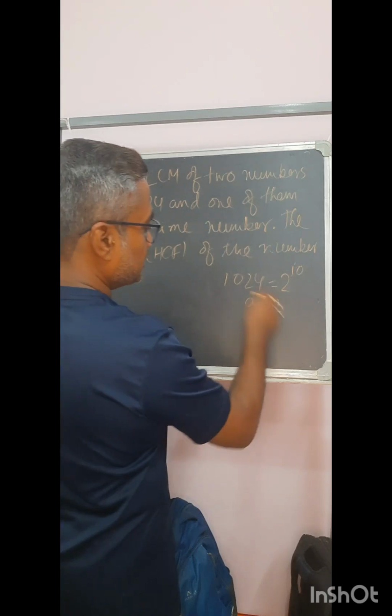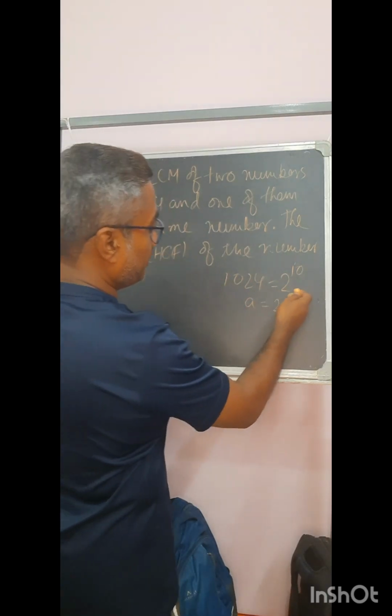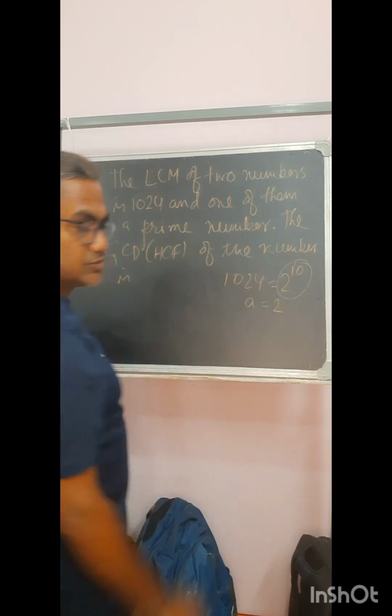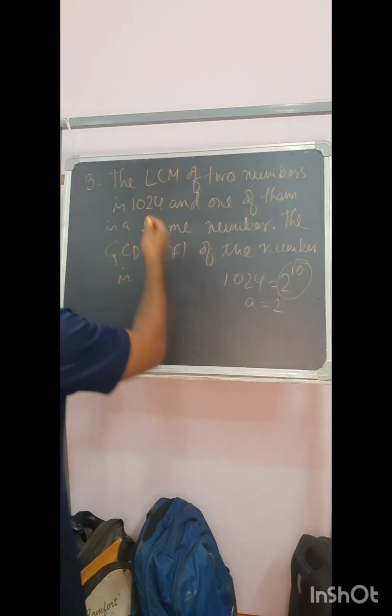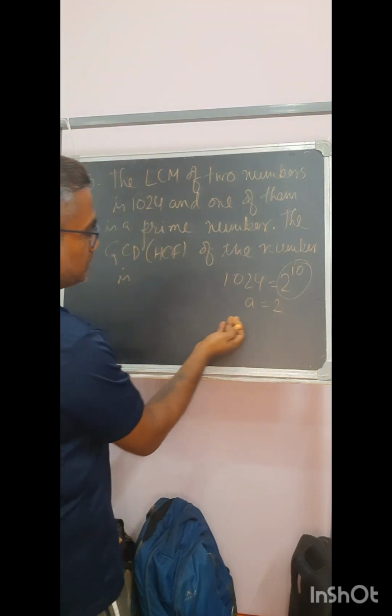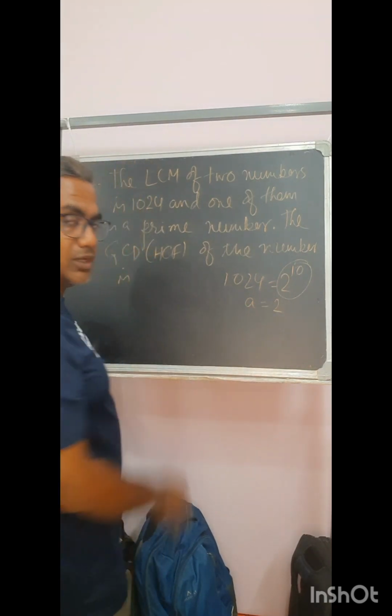Any other combination of any prime number or any power of it will not give this LCM. So this could be a unique kind of sum that is solved with this concept only.